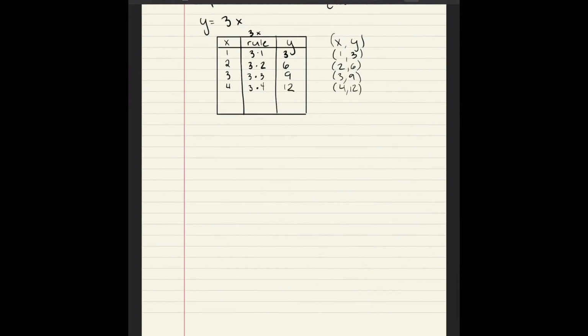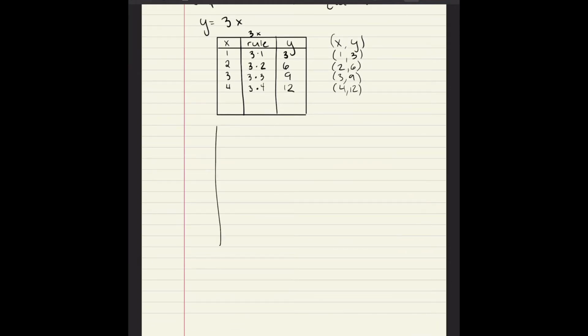Now I need to graph that. I made kind of a bad table here, but we're going to use it.